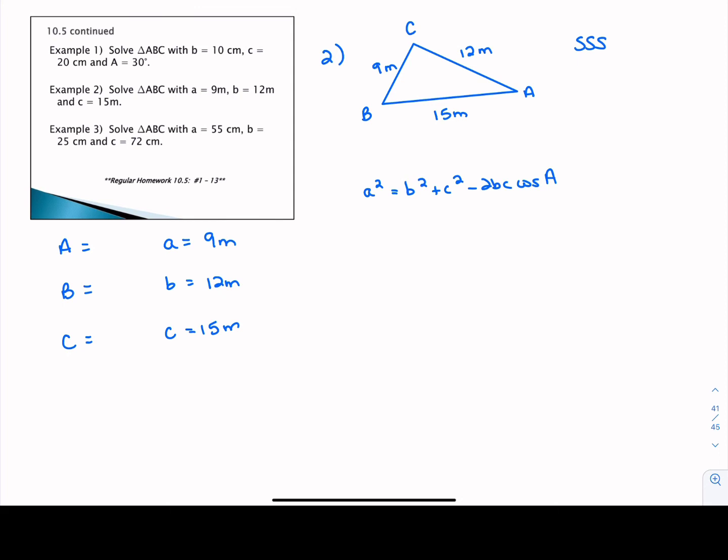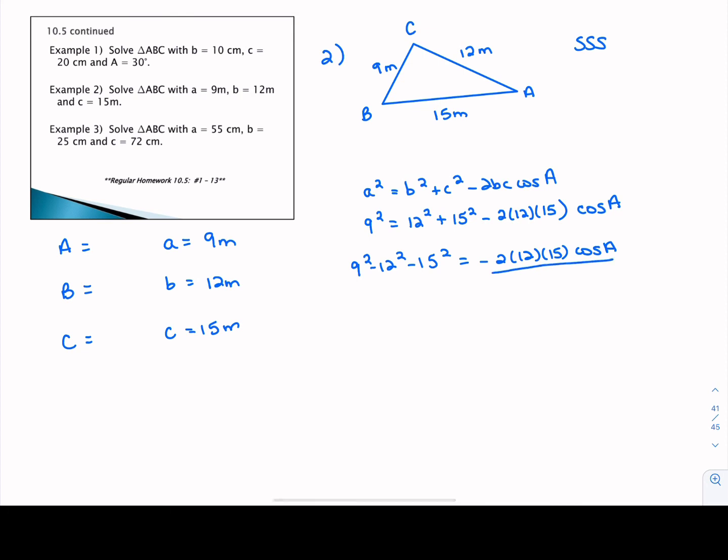So now let's substitute what we know. We know A is 9, so we've got 9 squared. B is measuring 12, so that's going to be 12 squared plus our c squared value, which is 15 all squared, minus 2 times 12 times 15, that's our B and C once again, multiplied by the cosine of angle A. So if we manipulate this, we're going to subtract 12 squared from both sides and 15 squared from both sides, and that will leave us with negative 2 times 12 times 15, multiplied by the cosine of angle A, and of course we need to divide now.